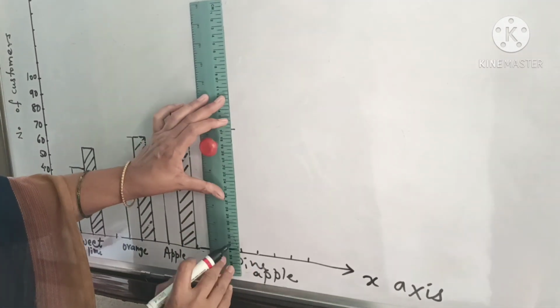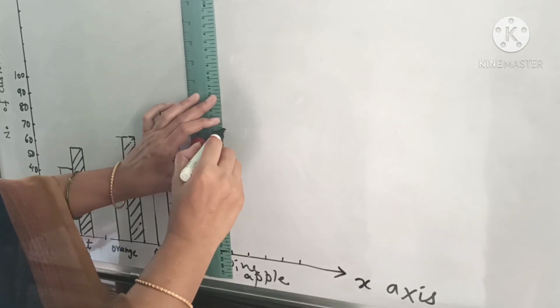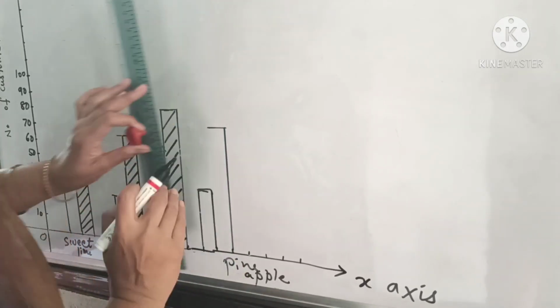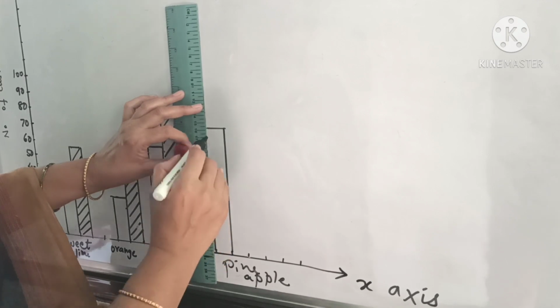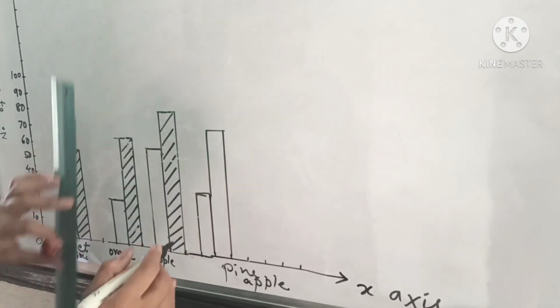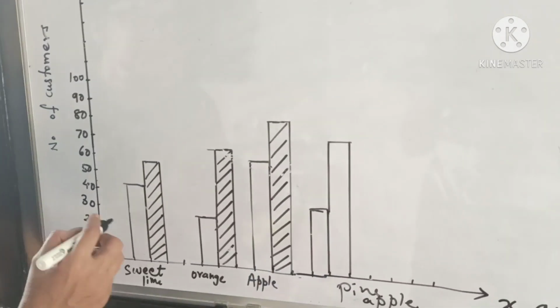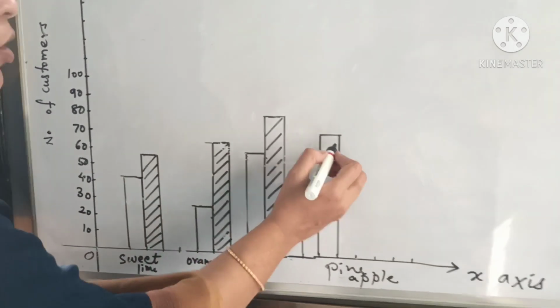Approximately. On the graph paper you have to do the marking accurately, because each centimeter is divided in 10 equal divisions.